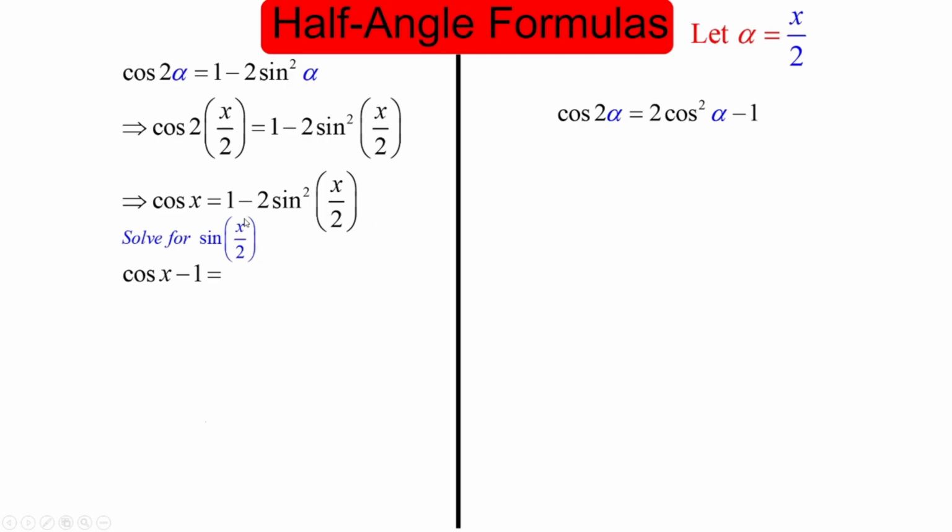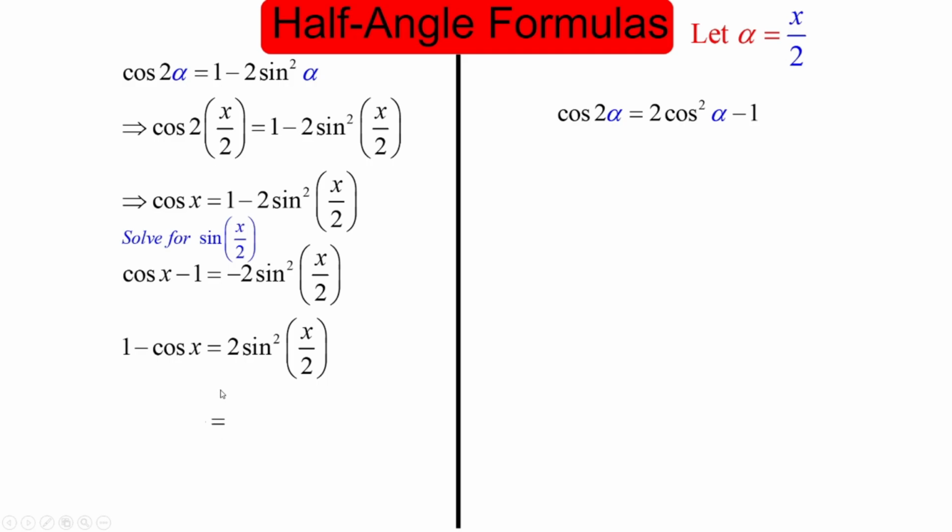And on the right, we have our negative 2 sine squared of x over 2. All right, well, I don't want that negative, so I'm just going to multiply both sides by negative 1. All right, and if I multiply cosine of x minus 1 by negative 1, don't I get 1 minus cosine of x? All right, good.